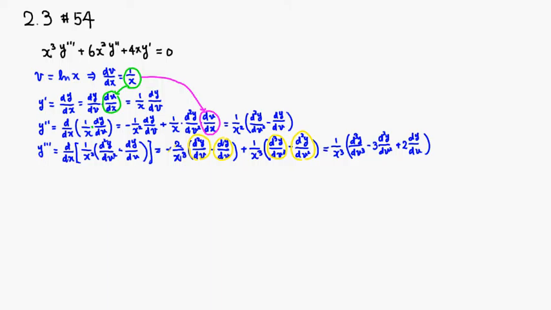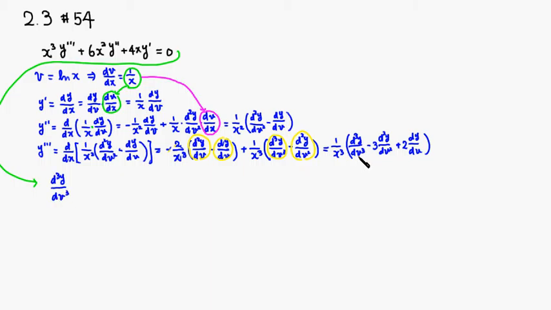Right, so you can see that here, if you plug in y triple prime, conveniently we have 1 over x cubed, so that will cancel with this guy. So you're going to get third derivative of y with respect to v.